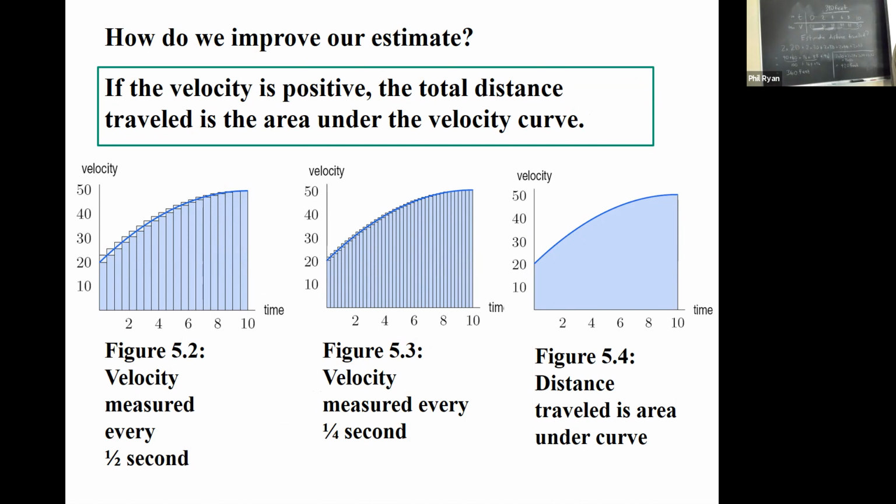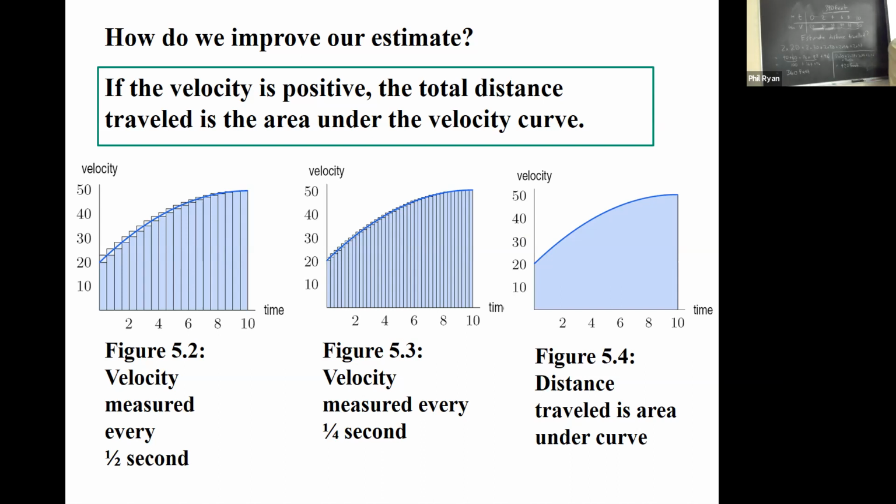Same question that we asked before when we did derivatives. We found a way to estimate velocity from distance. Now we're estimating distance from velocity. How can we make a better estimate? And the answer is exactly the same as we came up with before.